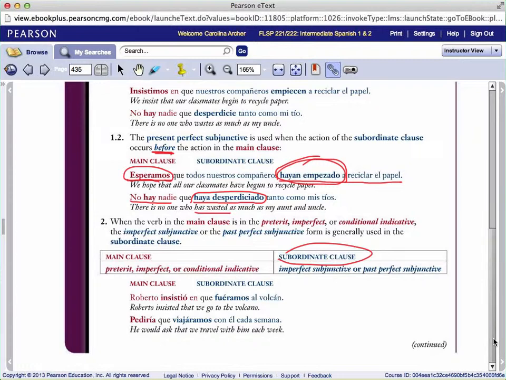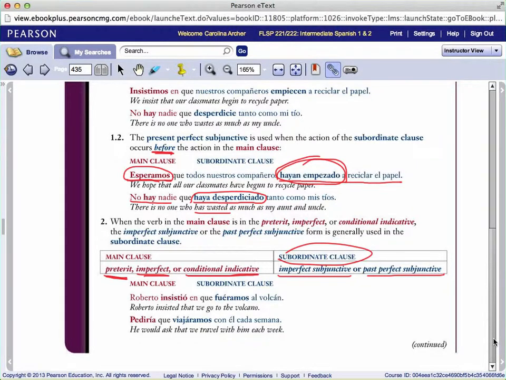Okay? Muy bien. Now, when the verb in the main clause is in the preterite, in the imperfect, or in the conditional indicative, then the imperfect subjunctive or the past perfect subjunctive are used in the subordinate clause, in the clause that uses the subjunctive.